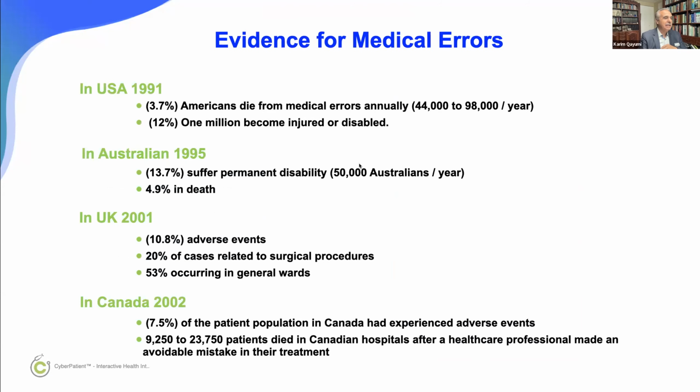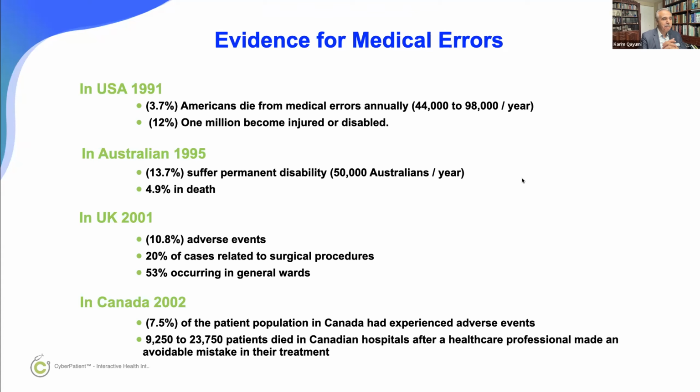The reason for that is that the literature showed in 1991, actually, that 3.7% of all patients coming to the US hospitals die from medical errors. And that equals about 44 to 98,000 people.